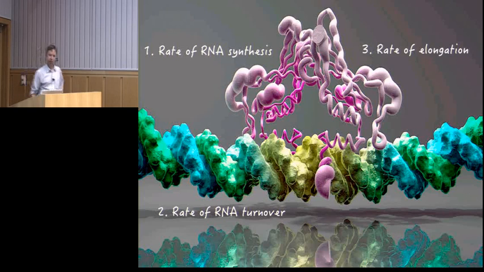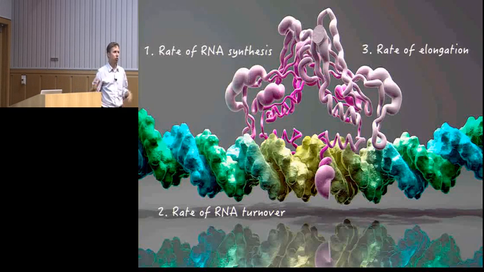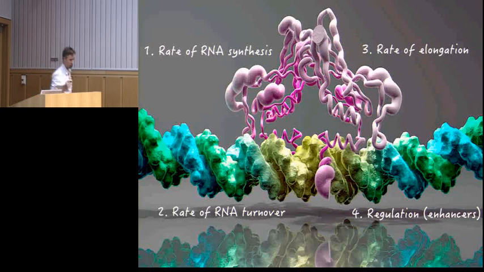Another rate that's important is the rate of elongation, which is important for large genes. Some genes in our genome are like 1 megabase long. A little change in the rate of elongation could make a big difference in how fast that transcript is made. And finally, we're very interested in how these 3 aspects of gene regulation are regulated. With one of our techniques we have focused on looking at enhancer element usage and promoter usage.